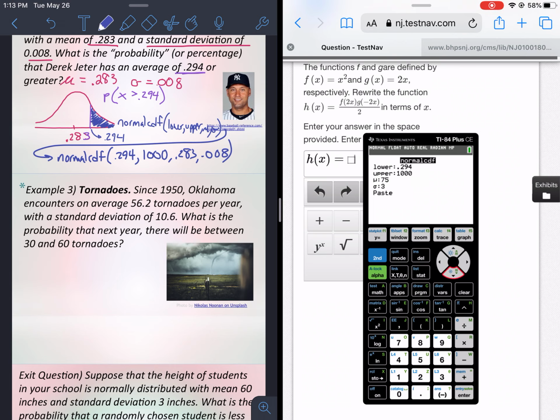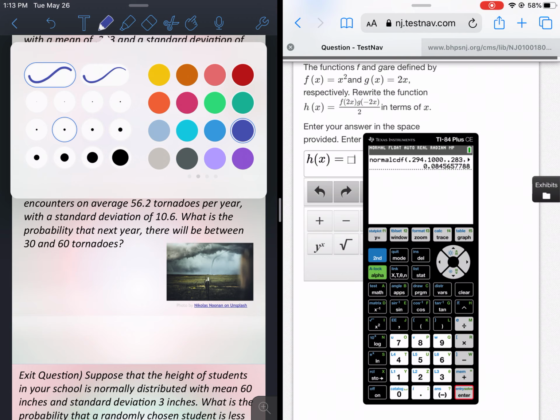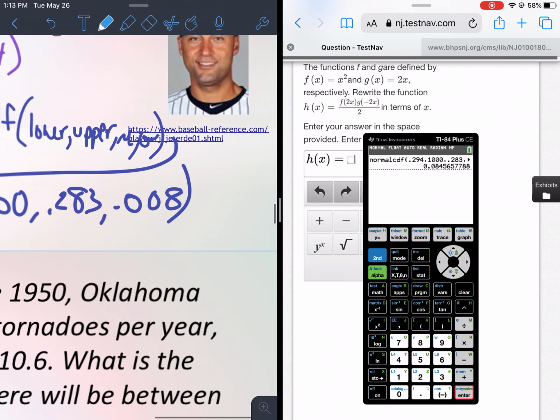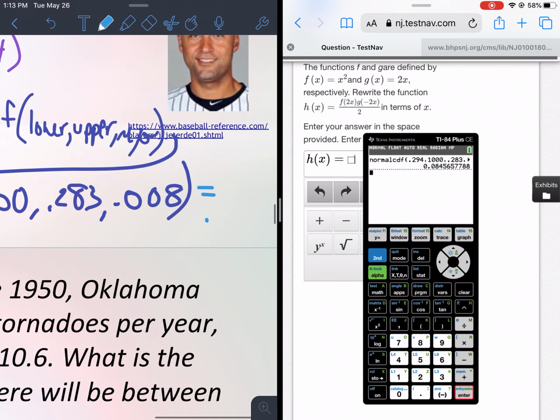The mean is 0.283 with a standard deviation of 0.008. Let's put that in there and see what happens. We get an answer of 0.084, and we'll round it up to 6.